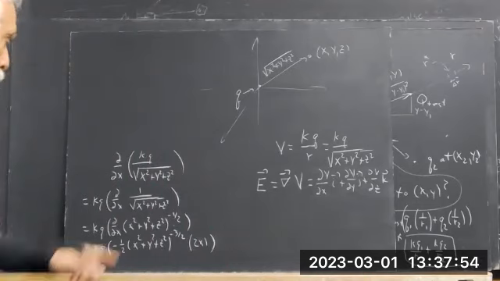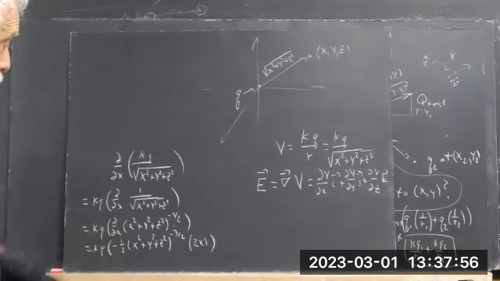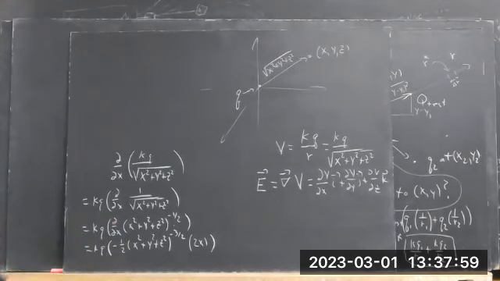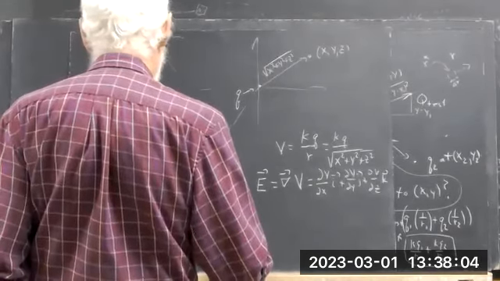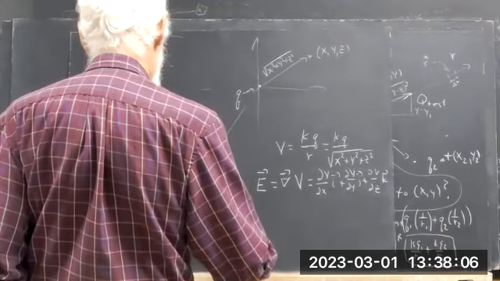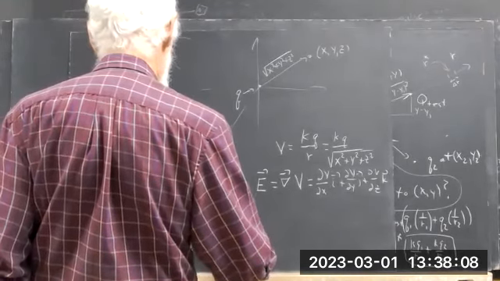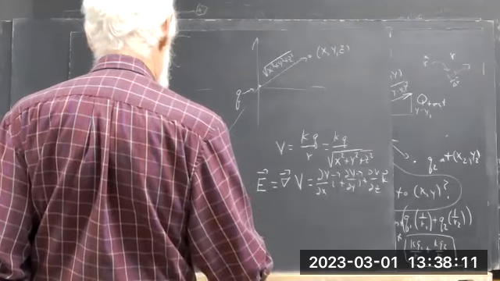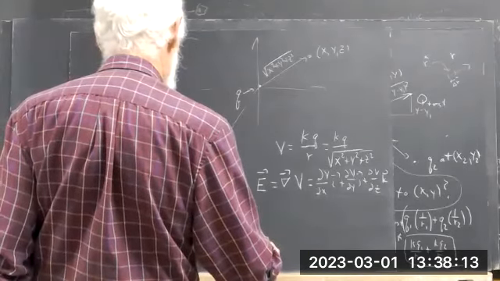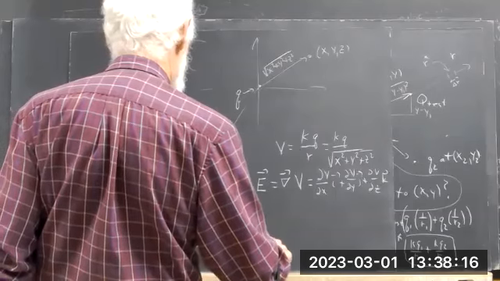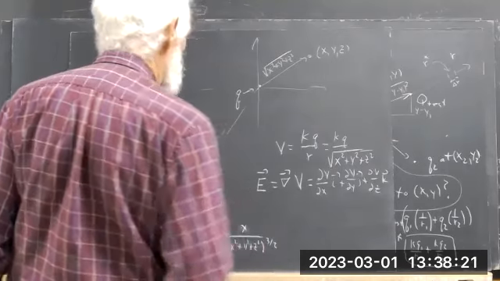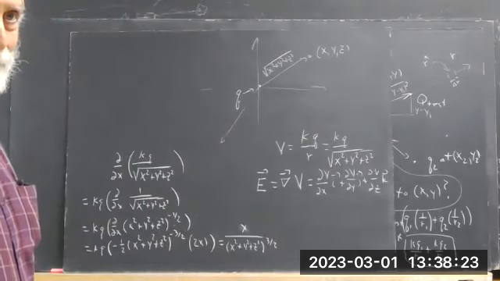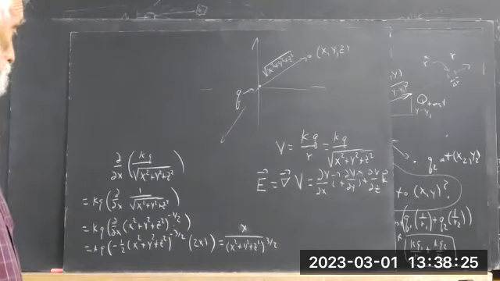You have to multiply that by 2x, the derivative of this inner function with respect to x. That's just x over the 3/2 power. Okay.